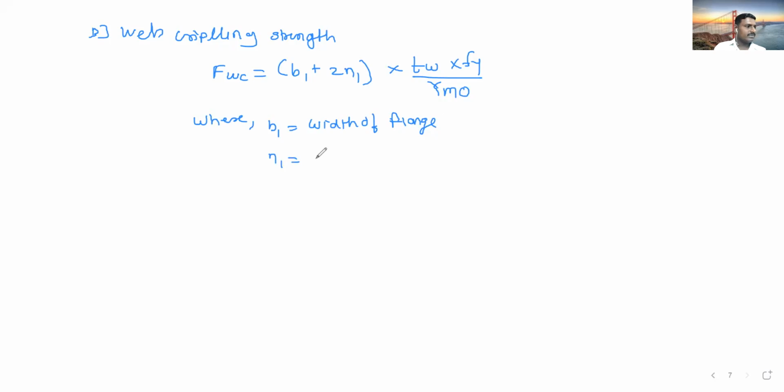Then N1 is equal to 2 into 2.5 into TF. Then TW is the thickness of web. In this way we can find the strength for web crippling.